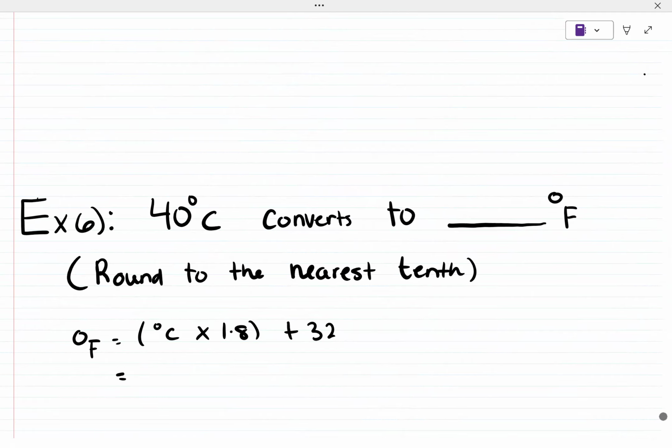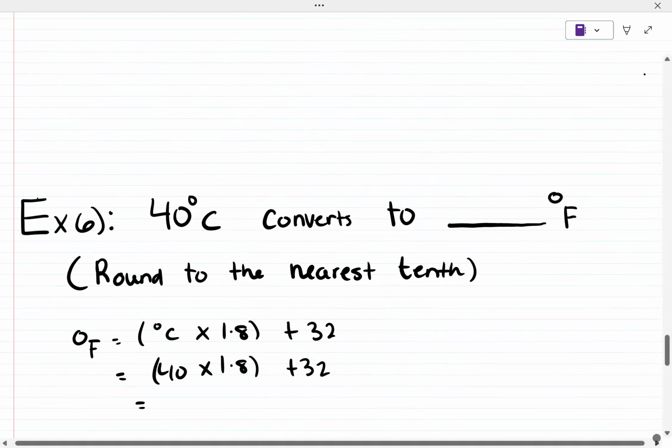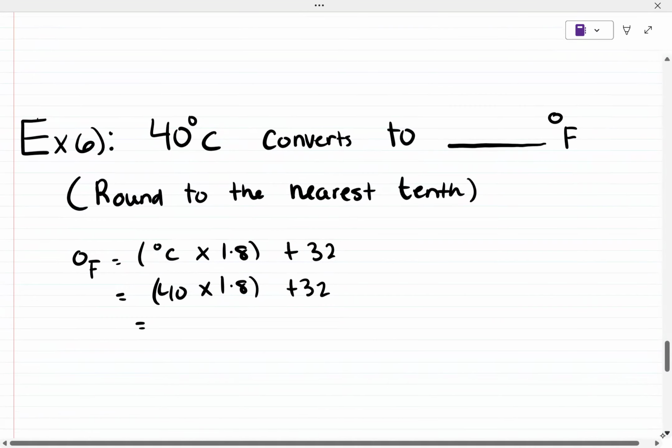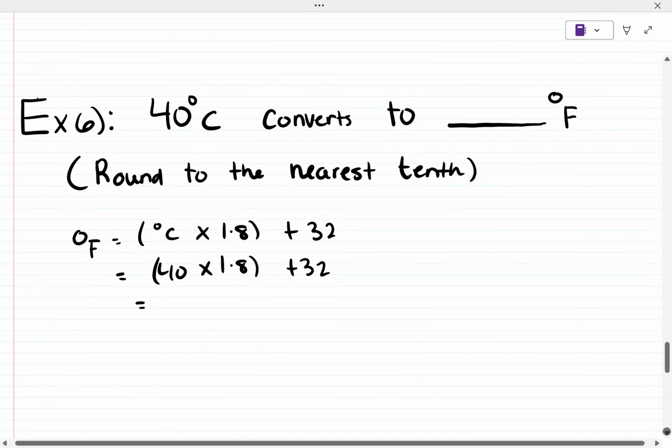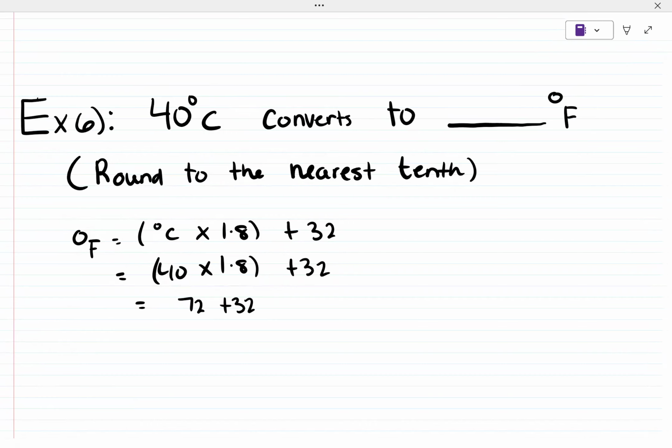Degree Fahrenheit is 40 times 1.8, which is 72, plus 32, which is 104. Rounding to the nearest tenth, we don't include the trailing zero, so it would be wrong if you say 104.0.